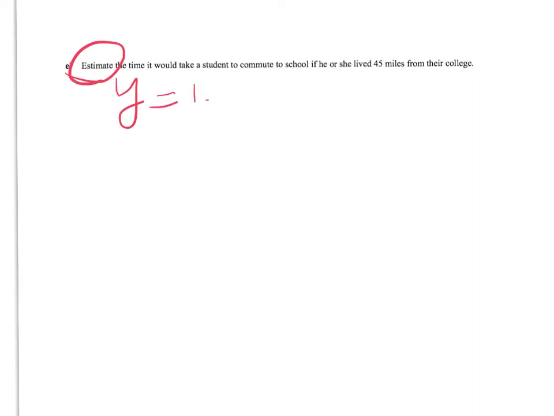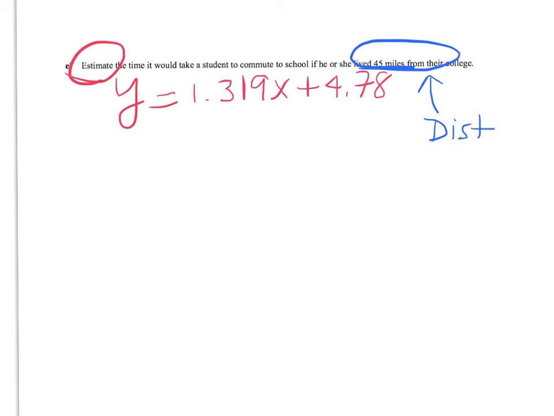Okay, so it becomes 1.319x plus 4.78. And the information that we're given is 45 miles from their college, and in this case, that number represents distance.